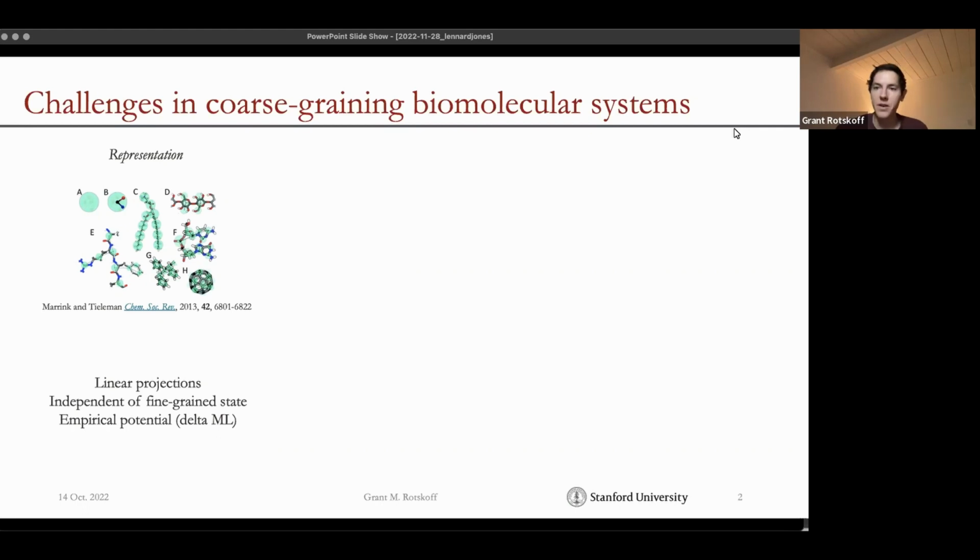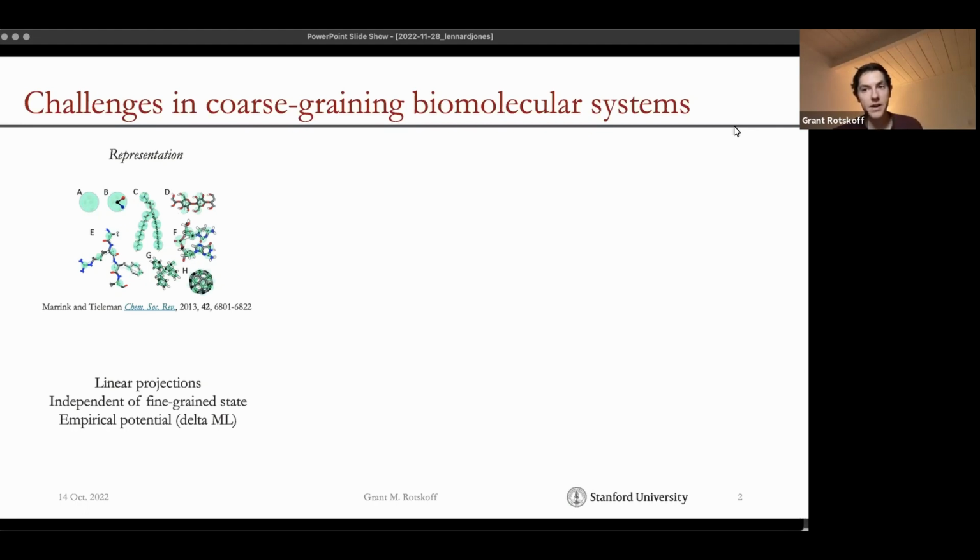And it raises the first question in actually building a coarse-grained representation, which is, if I were to build a coarse-grained representation, I have to make some choice as to which degrees of freedom I project out. And typically that choice of which degrees of freedom I project is independent of the state of the system at a given point in time, right? So you could imagine that it might be advantageous to project down different clumps of atoms at different points in state space, but typically this is not done.